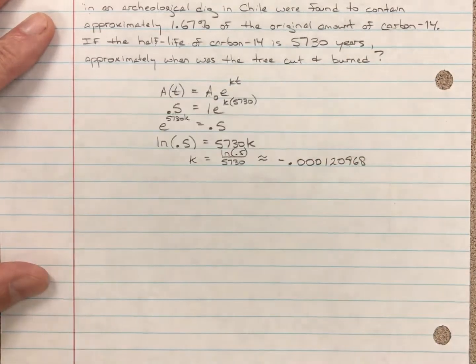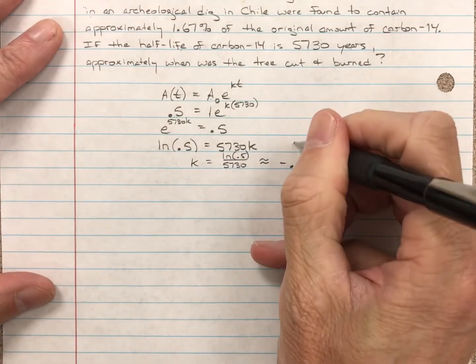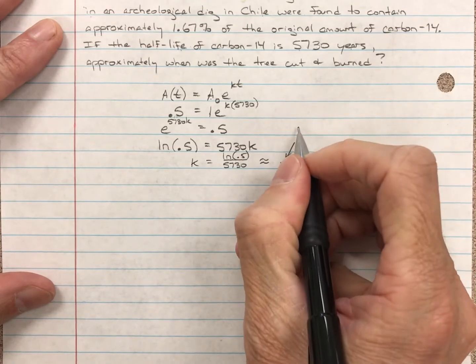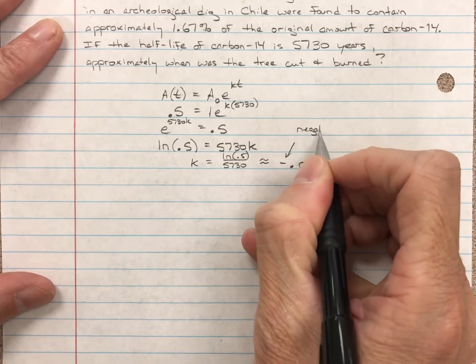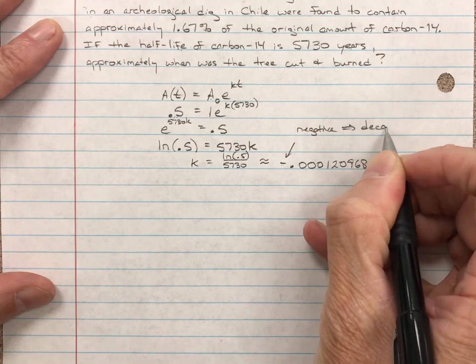So what do we know? We know from this that we have a negative k. Remember, the negative tells us it's a decay rate.